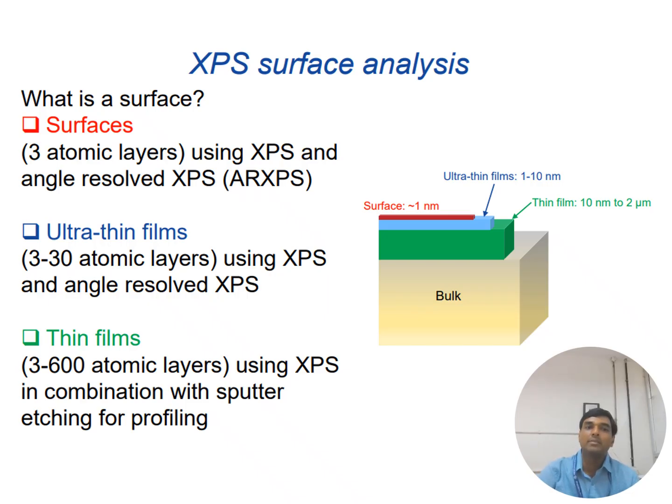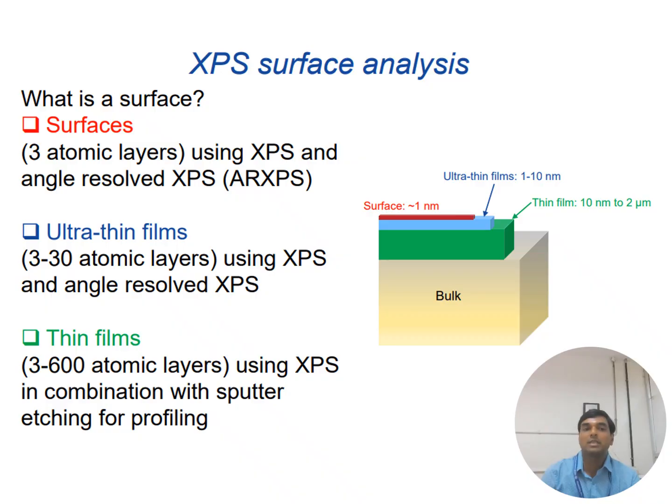So what is a surface? Basically three atomic layers, on which the X-ray beam has to fall. Ultra thin film is generally 3 to 30 atomic layers, and thin films 3 to 600 atomic layers.